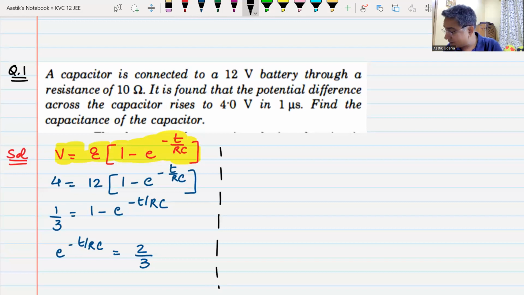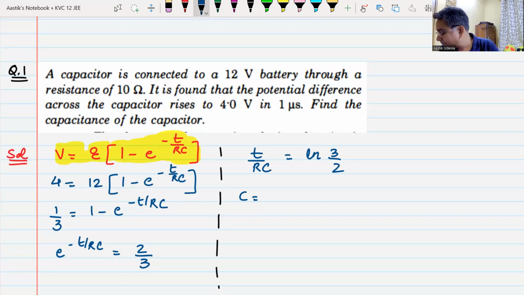So if I solve this, I get what? t by RC will be natural log of 3 by 2. So C becomes t divided by R into natural log of 3 by 2.